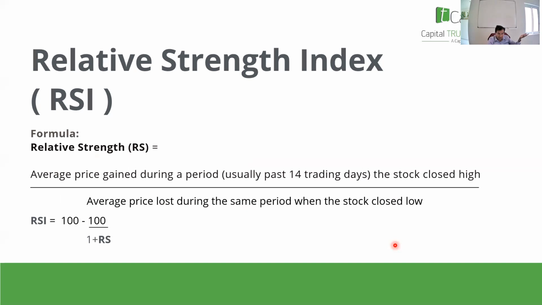Look at the calculation. The index is calculated from relative strength: the average price gain during the period, usually 14 trading days, when the stock closed high. Why 14? We have only 5 trading days in a week. Because we include forex markets.